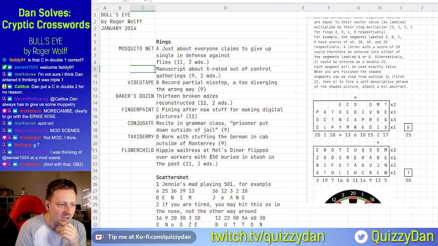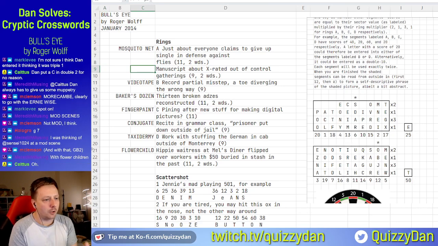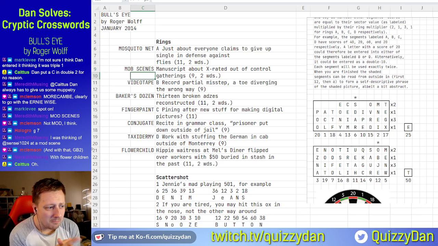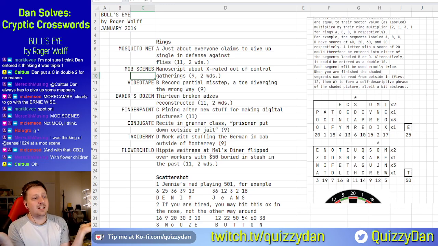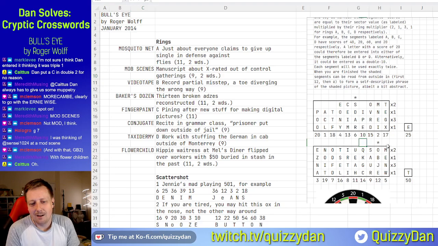It's not a mod scene, I assume. Oh, it is two words. Mob. Hang on. Mob scenes. So a gathering is a mob scene, then, I assume. Be a manuscript. Oh, it's obscene. X-rated as obscene. Mob scenes. Okay, there we go.